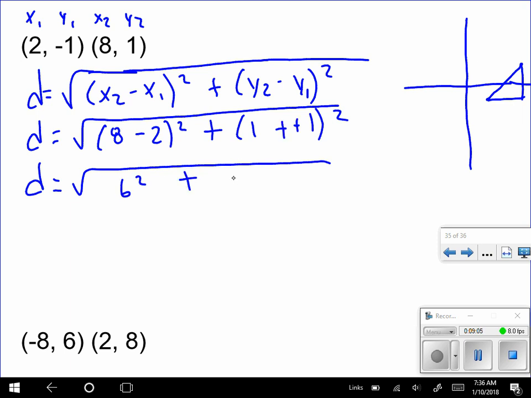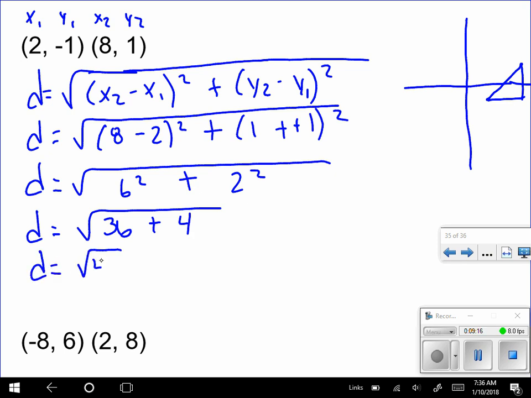Keep change, 2 squared. So we get the square root of 36, since we do our exponents next, plus 4. So D would equal the square root of 40. Grab your calculator, and that would give you 6.3 rounded to the nearest tenth.